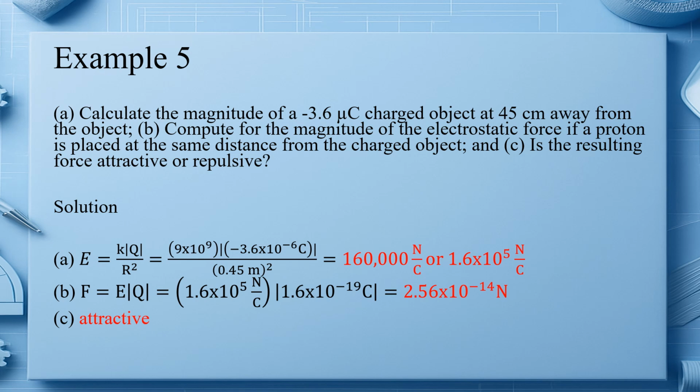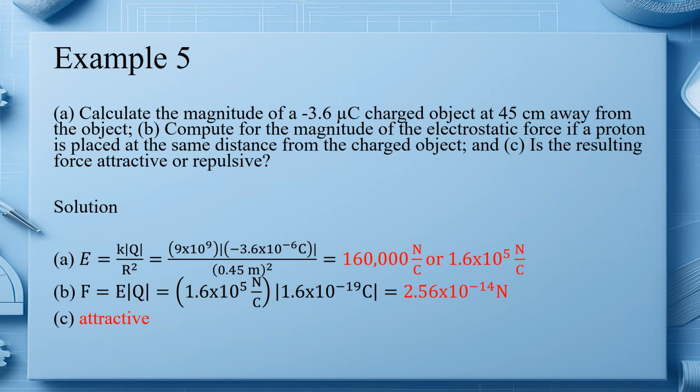So we have K times Q over R squared. And then we have 160,000 Newton per coulomb, or 1.6 times 10 raised to 5 Newton per coulomb.